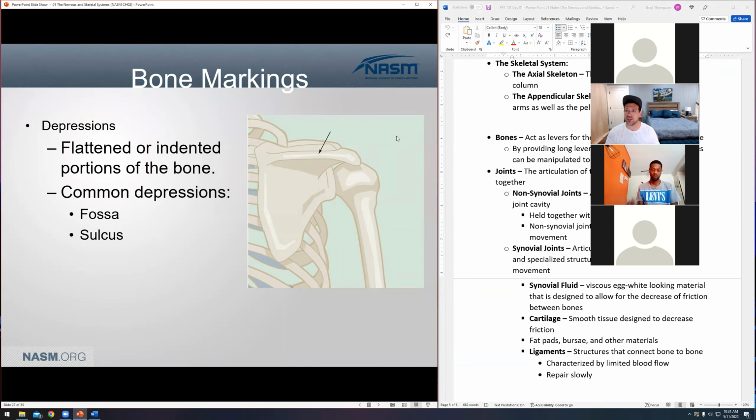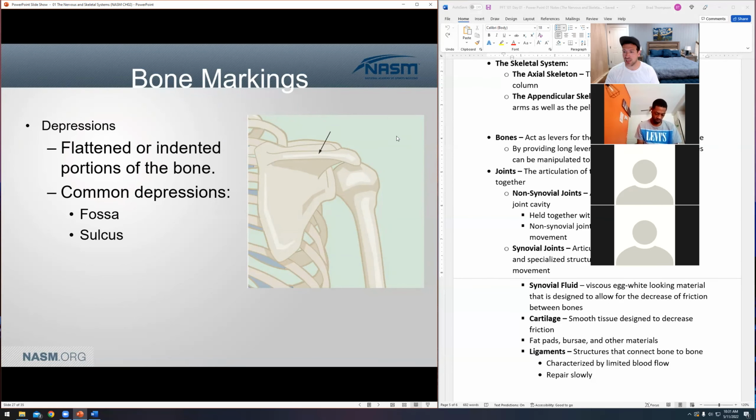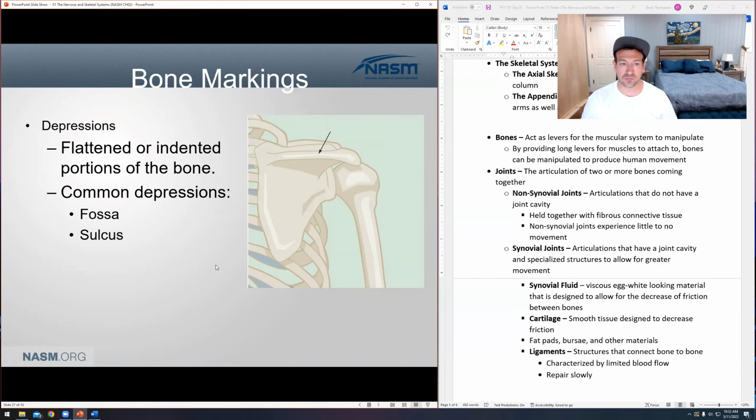You said the three bones are flat bones, long bones, and what was the other one? Long, short, flat, and irregular. Those are our major categories. And short bone was which one?